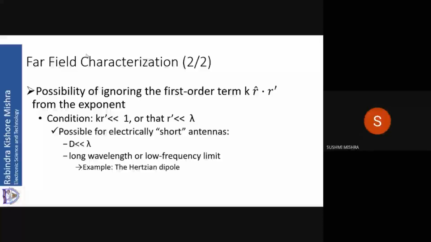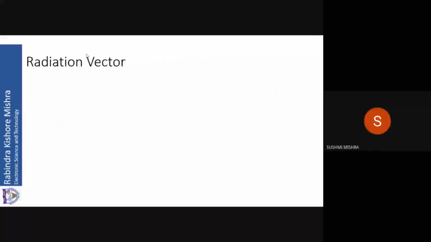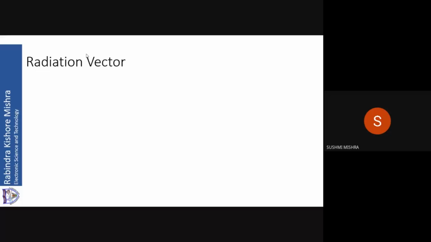So that is an example where we can neglect k r cap dot r dash. If you remember, we did this in the analysis of the Hertzian dipole. We have not considered k r cap dot r dash; everywhere we have neglected that.